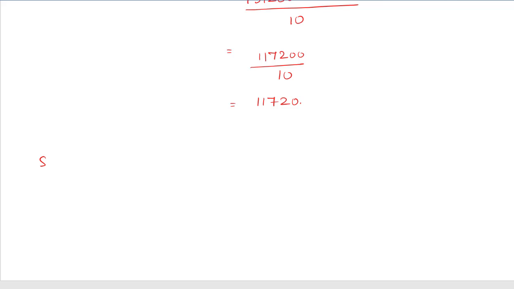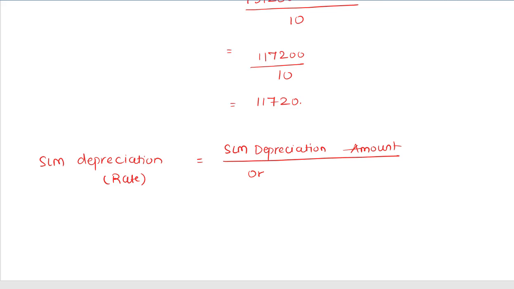Now calculate the rate. SLM depreciation rate. How will you calculate that? SLM depreciation amount divided by original cost and multiplied by 100.